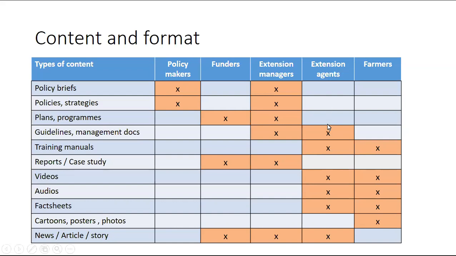And then we have the extension agents. What does an extension agent look at when he looks at the website? What is he expecting to see there? Well, because he's doing a lot of work in the field and more on the operational aspect, they'll need some guidelines and management documents, of course, but more of training manuals and the tools that will help them to disseminate knowledge or to advise the farmers.